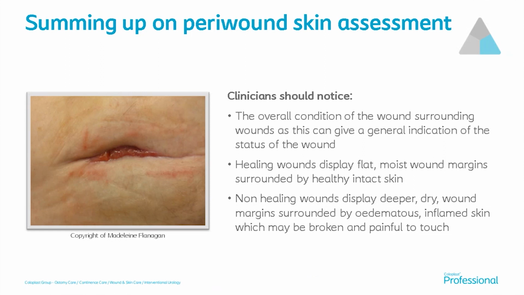So just to sum up on that peri-wound skin assessment, we should be able to notice the overall condition of the wound and surrounding skin to the wound. And that will give us a real indication of the status of the wound, where the wound is at in its healing trajectory, and what we need to do to get that to move on with its healing.